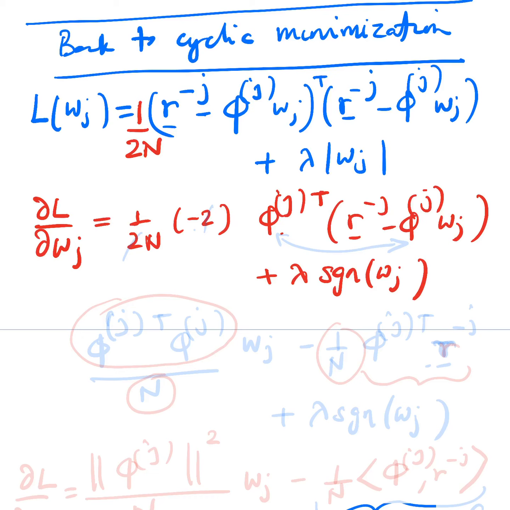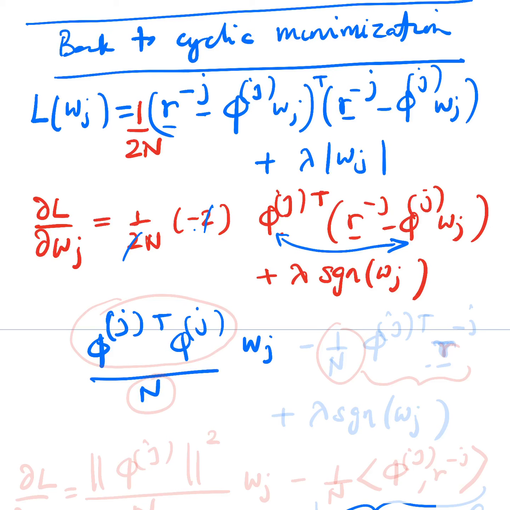Let me change pen color so that 2 and that 2 cancel, and I get the coefficient of wj is phi j transpose phi j, and the minus sign goes away with this minus sign, so phi sub j, I apologize, phi sub j transpose phi sub j times wj, and that's a 1 over n term.